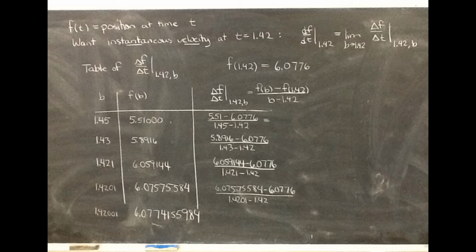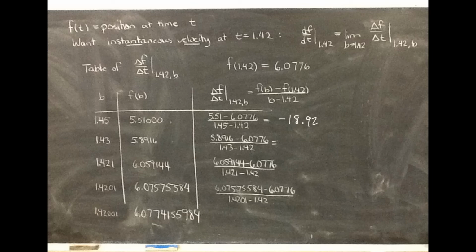Now, I'm going to go in and I'm going to calculate with a calculator the value of these fractions. And because I'm now on the iPad instead of the board, I'm going to write those values into the table. So give me just a moment. Alright, so I've gone and used my calculator and I've calculated these values. And so this first ratio, I get negative 18.92.